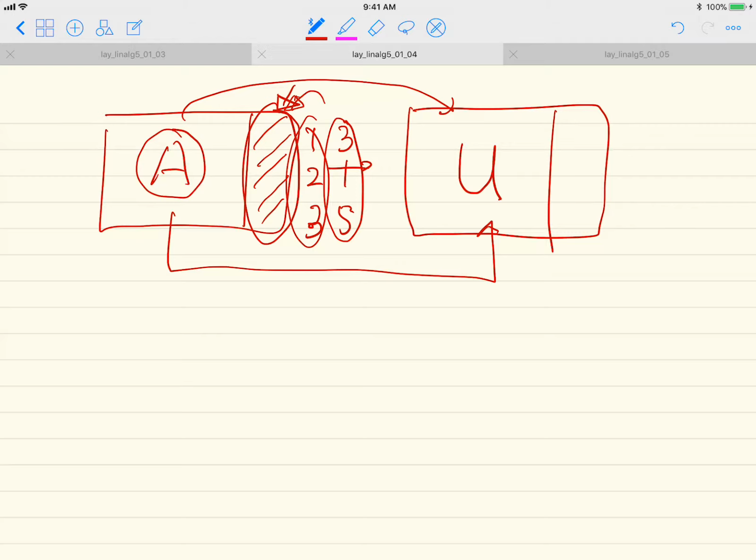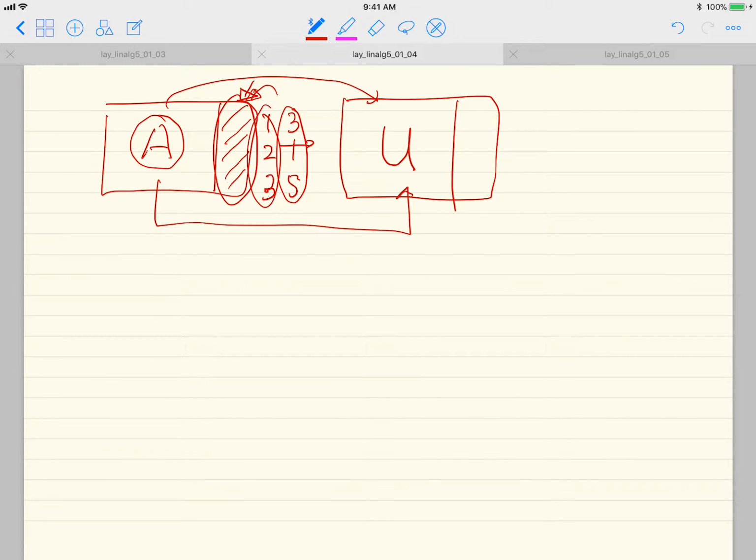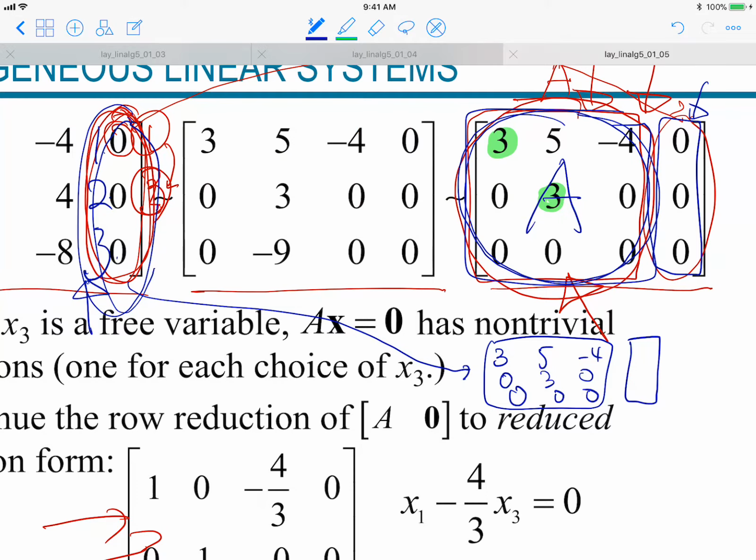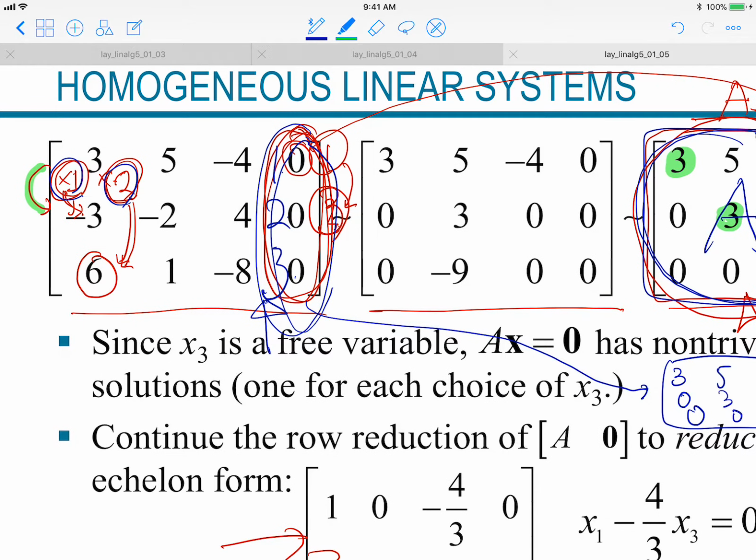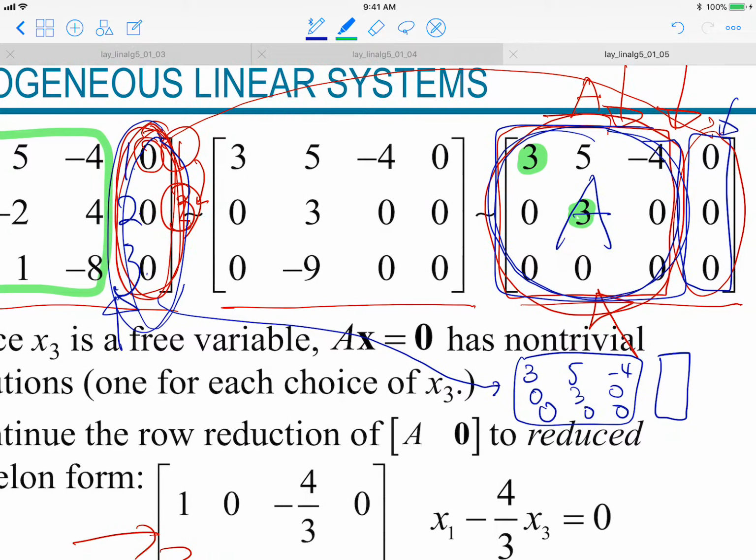So that means if you do the row reduction on this matrix A, just excluding this part, let's imagine the row reduction only on this coefficient part, and then you will obtain the exact same echelon form that we see in this part.